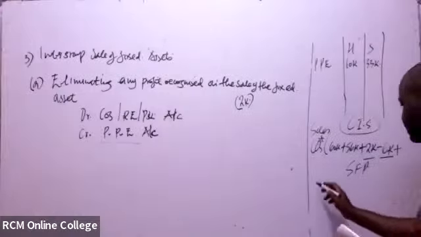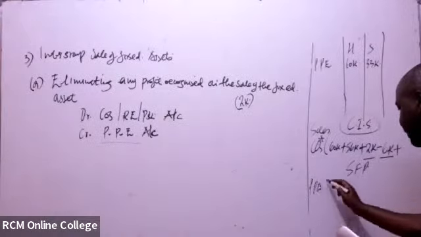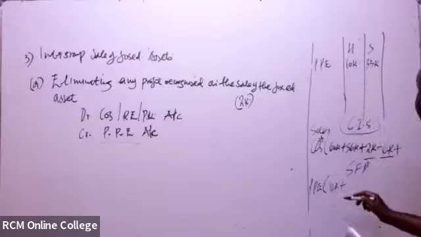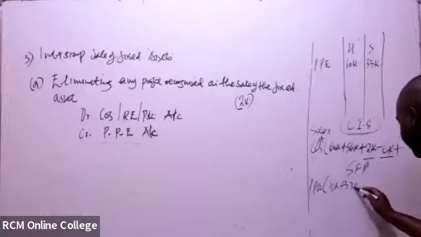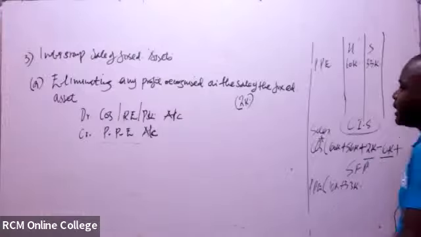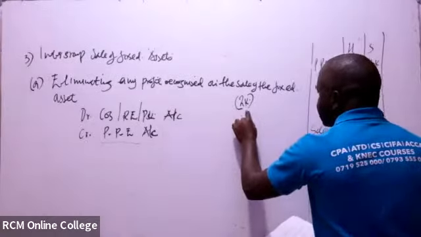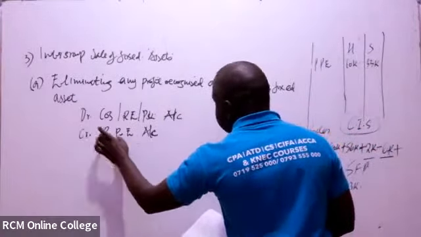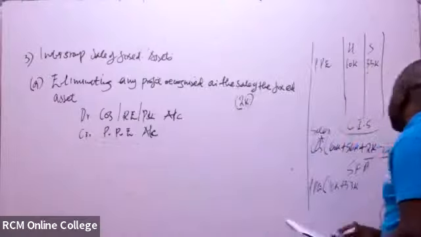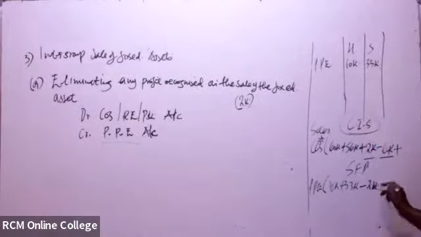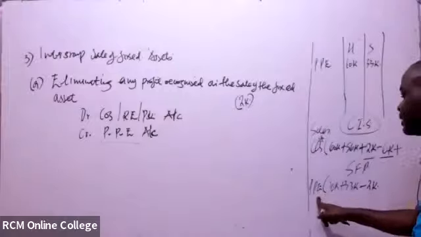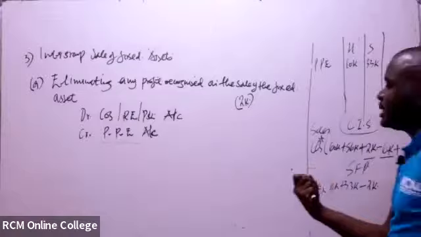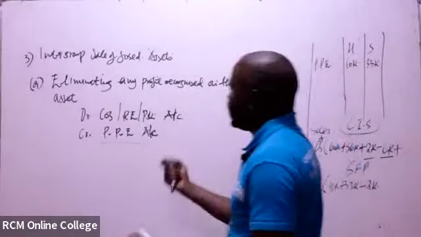We'll be saying property, plant and equipment: we are going to add 10K, we are going to add 33K, but now we have to remember there was unrealized profit on sale of fixed asset, which has to be adjusted in property, plant and equipment. If you're crediting, it means you will deduct 2K here. Crediting the property, plant and equipment means you are deducting from that account, because it's an asset. When an asset is credited, you are ideally having to minus.